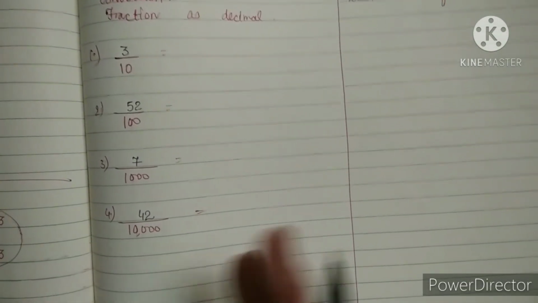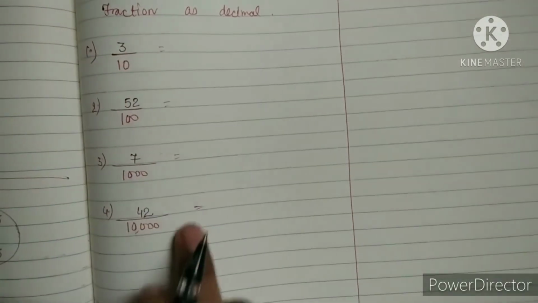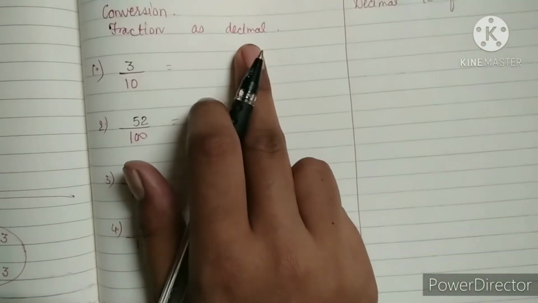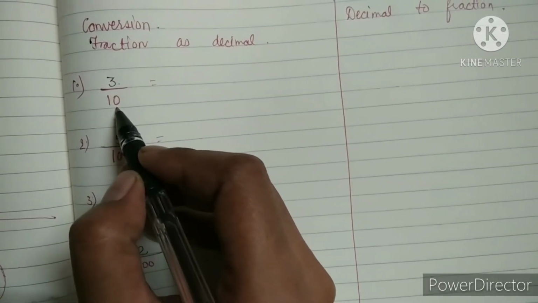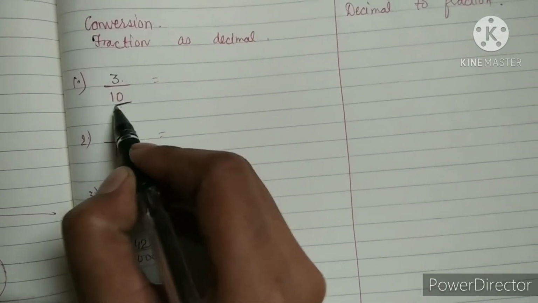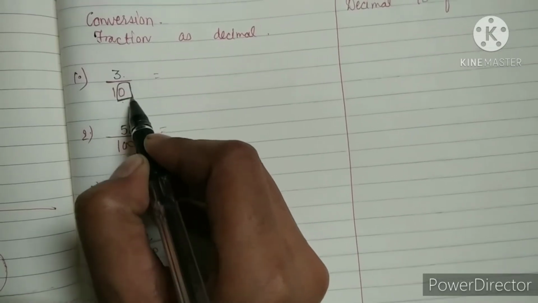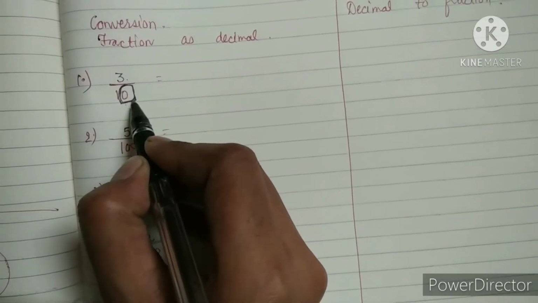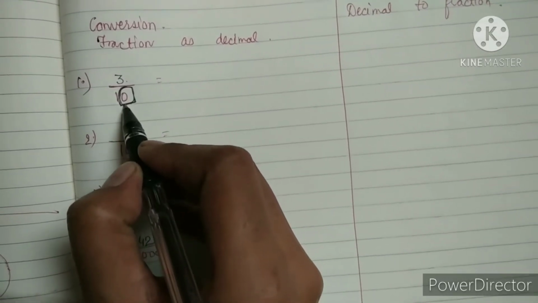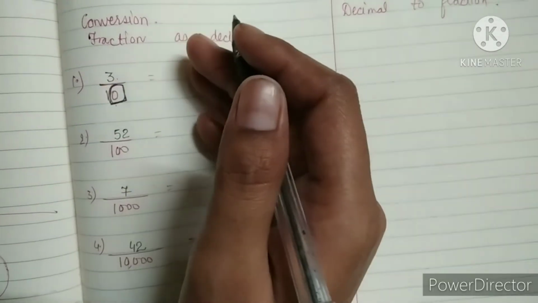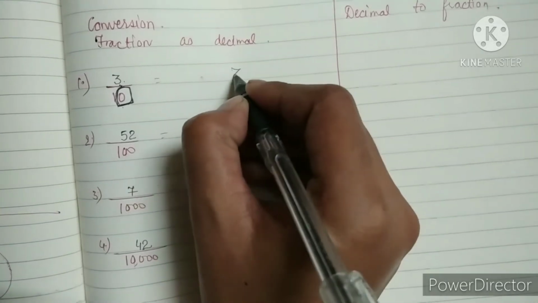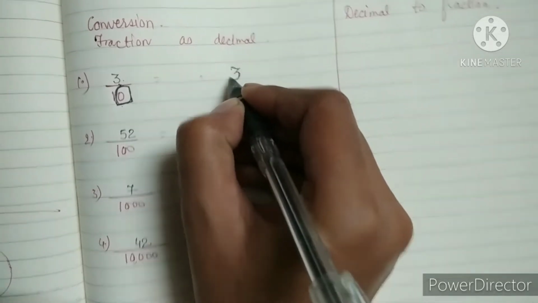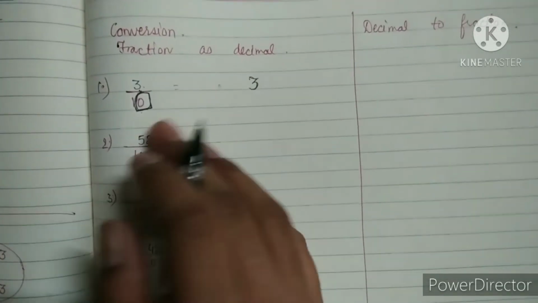Instead of doing the actual division, we can find their value in decimal directly. Below the 3 we have 10, which has only 1 zero. So we will leave one place at the upside, where we have only 3.